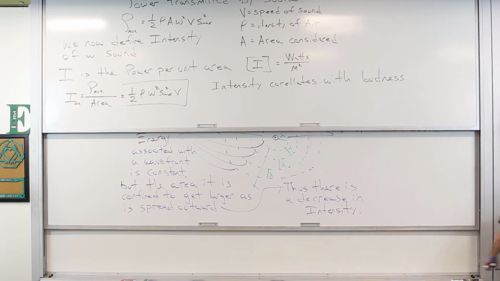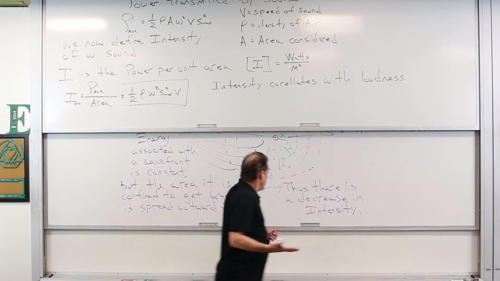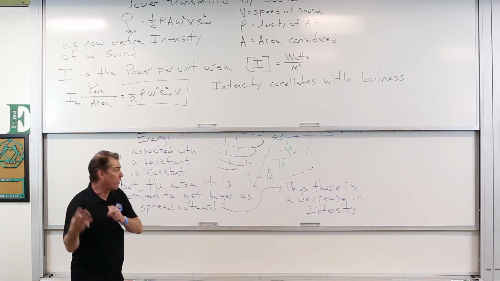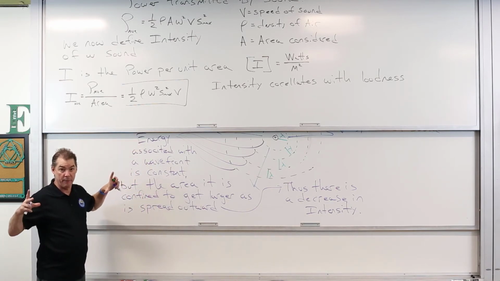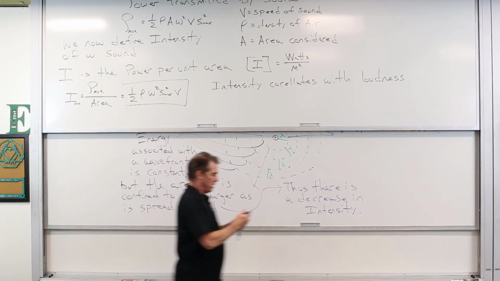All right, so what do we do with this? Well, we can go ahead and make a direct correlation with the intensity, the power, which again is associated directly with the energy, which remains constant on any wavefront, and the area to which the energy is constrained.